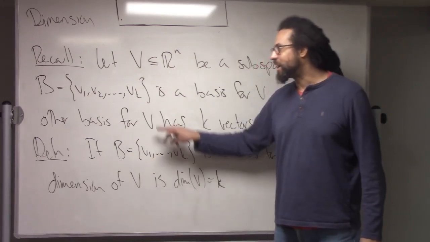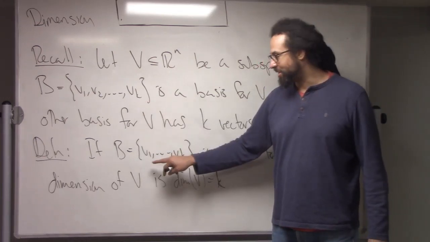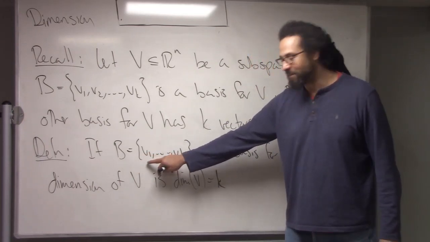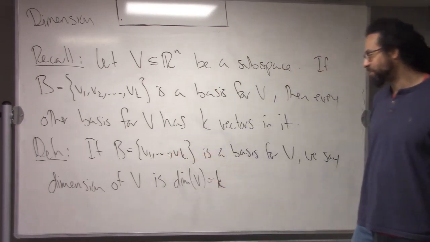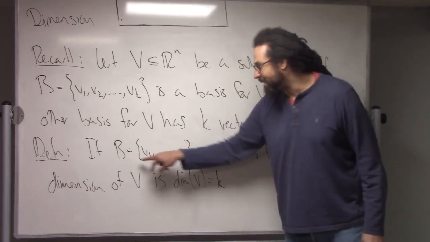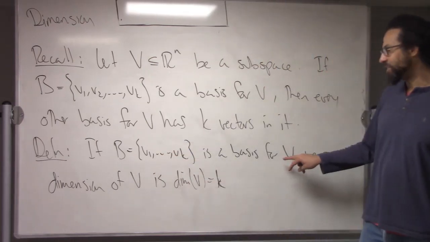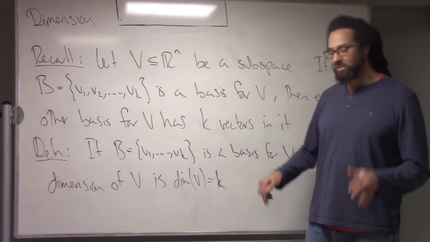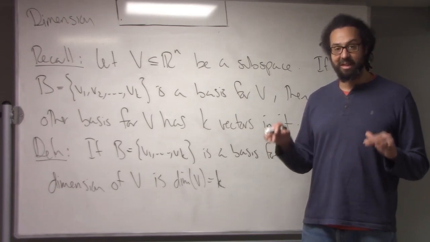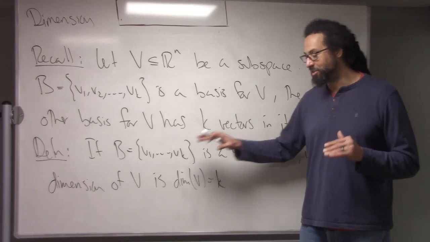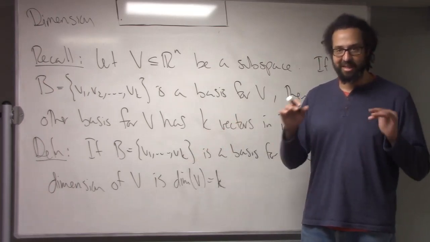So the number of elements in any basis is the dimension of the space V. So if B consists of the vectors v1, v2 up to v sub k, if there are k vectors in here and B is a basis, then the dimension of the subspace V is equal to k. The dimension is just the number of vectors in any basis. They're all the same, right? Every basis has the same number of elements. The dimension is the number of vectors in any basis for V.